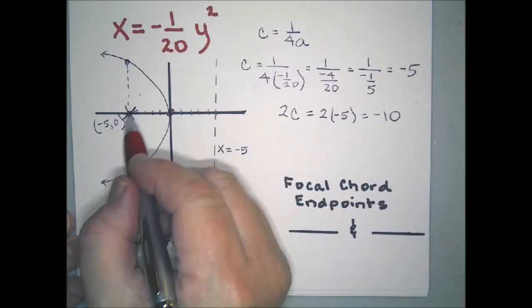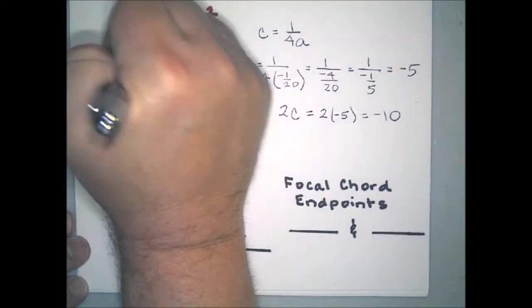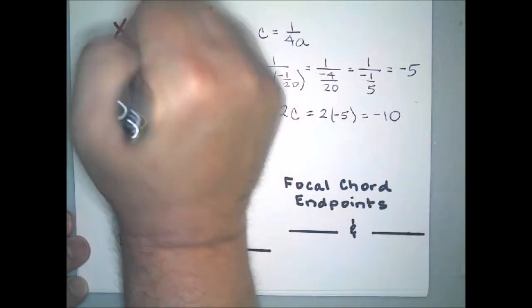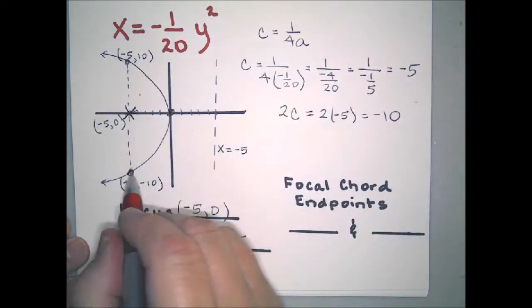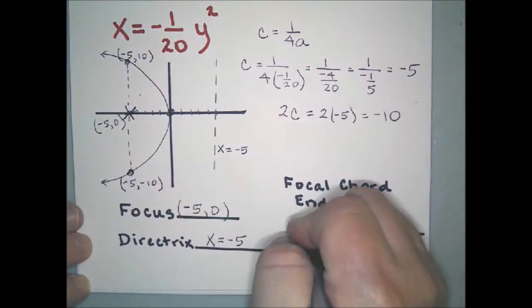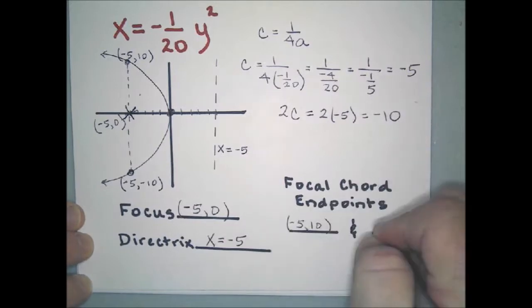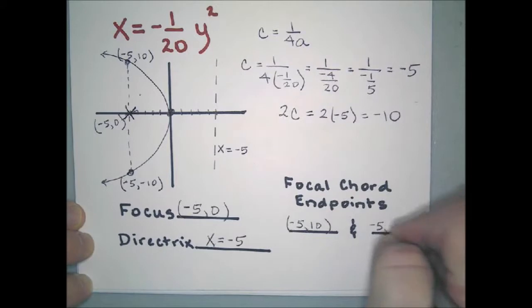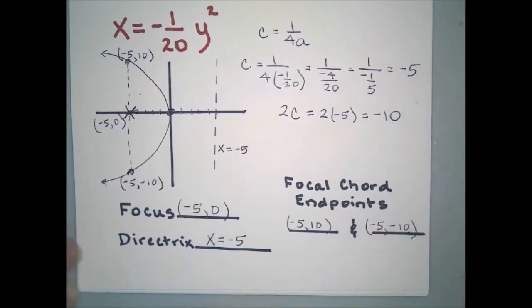And if I take 10 steps up from here, I'm at -5, +10. So those are my focal chord endpoints: -5, 10, and -5, -10.